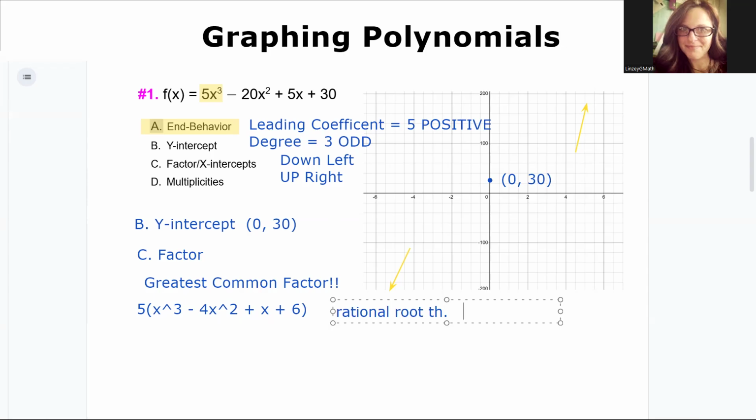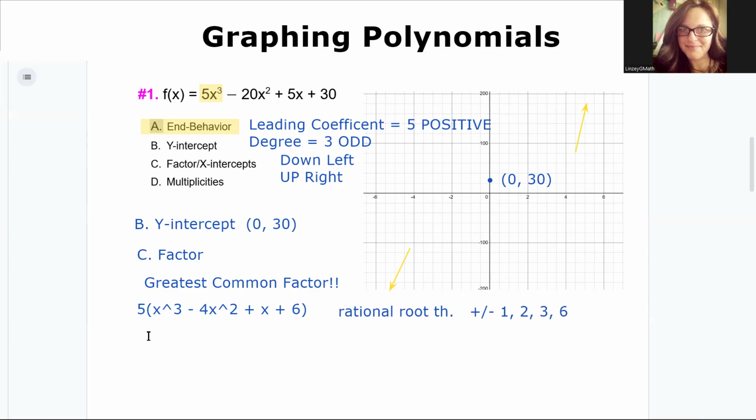Our possible rational roots are plus and minus the factors of the constant term, 1, 2, 3, and 6, divided by the factors of the leading coefficient, 1. So these are all the possible rational roots.